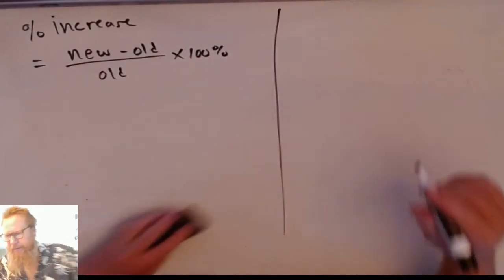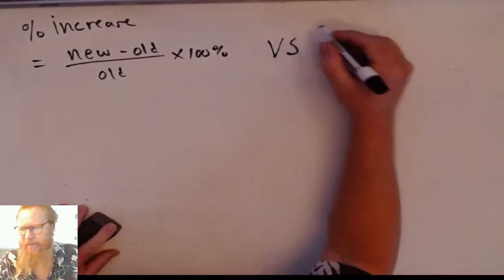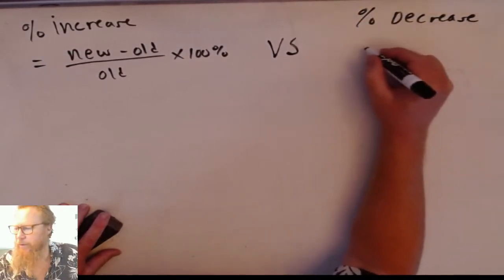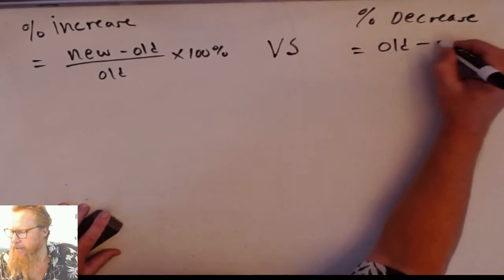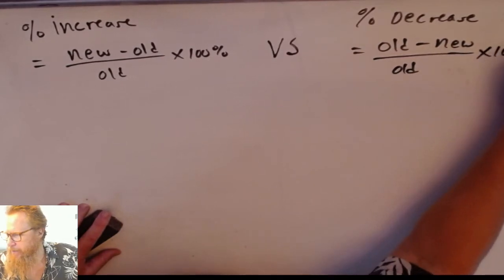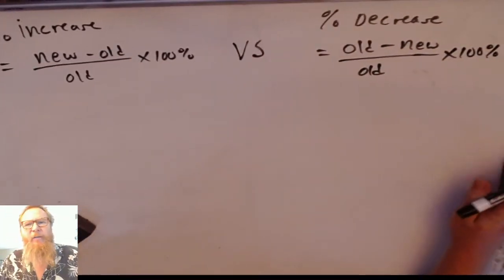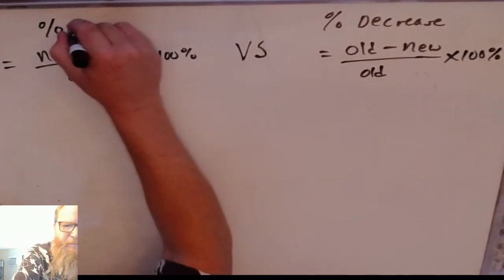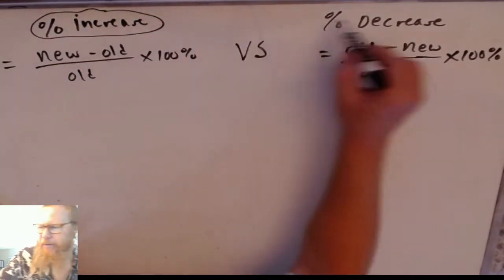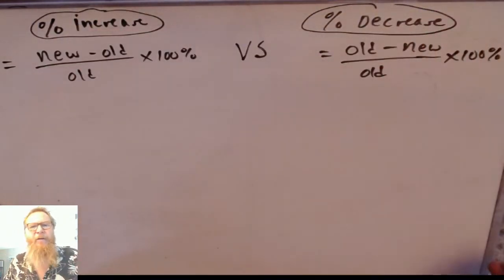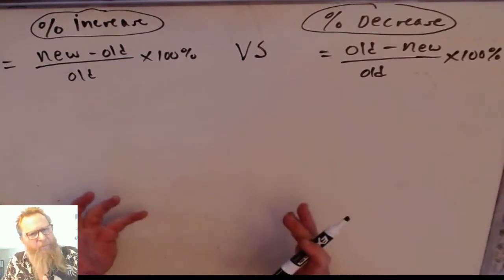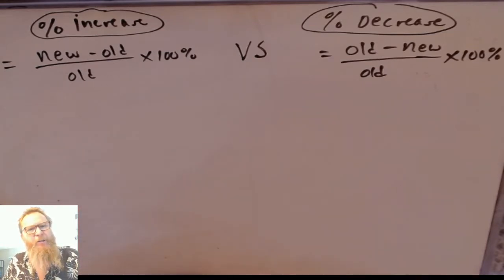Okay, versus percent decrease, which is old minus new divided by old times 100%. So let's talk a little bit about these 2 formulas and see what we can do to compare the 2 and maybe come up with just one formula that will do the job for us.